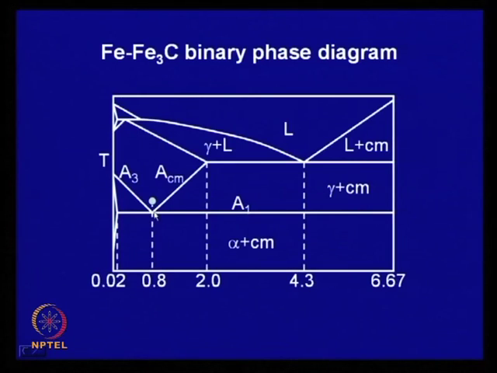What happens as you cool below the eutectoid temperature, around 723 degree centigrade, is that the austenite breaks down simultaneously into a fine mixture of ferrite and cementite, and this is called pearlite.